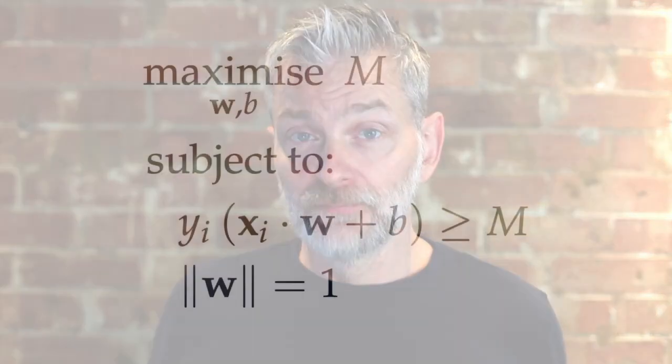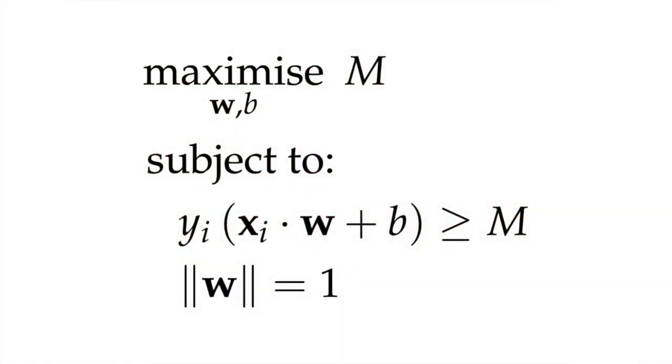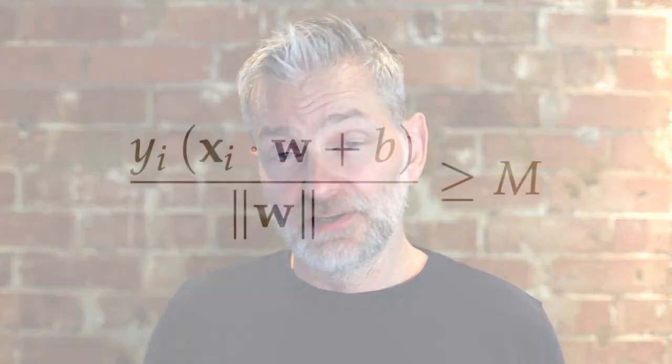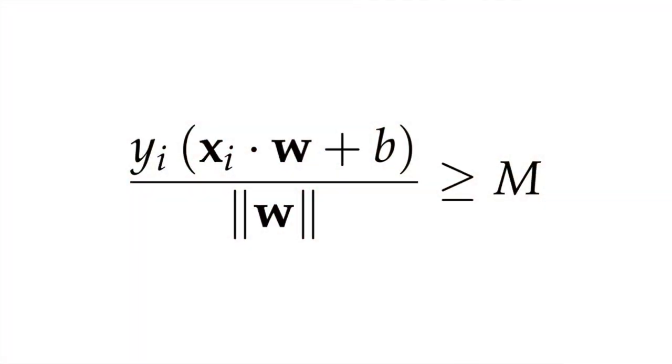If we go back to our margin maximization problem, unfortunately, this is not one of those solvable classes. However, we can do a bit of juggling to make it into one. Firstly, the constraint that W must be a unit vector, we can merge into the other constraint by dividing through. That means that you can scale W however you like without increasing the margin.